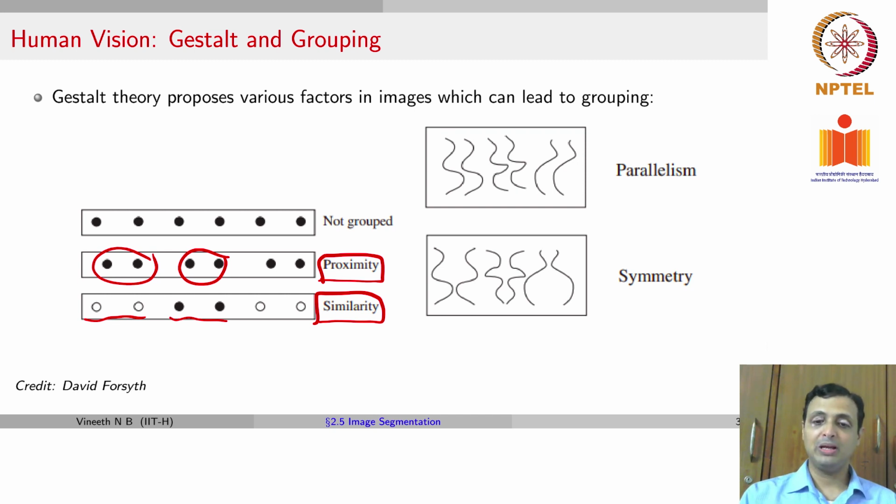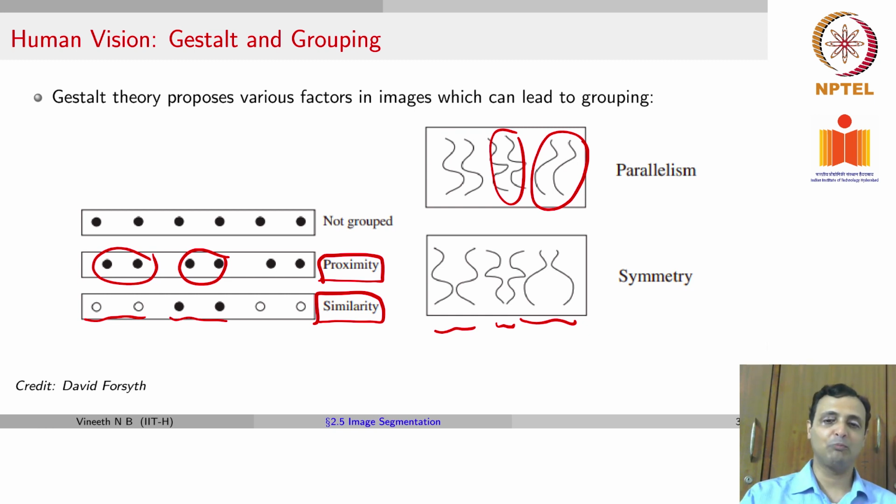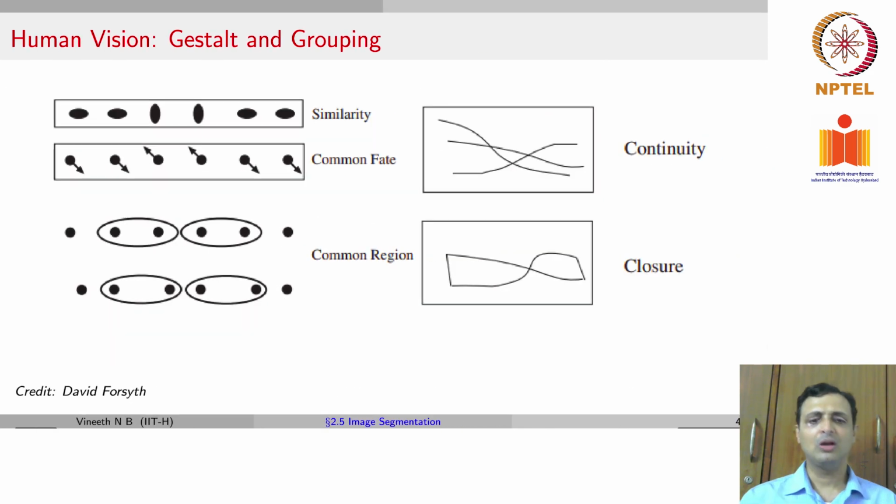Other factors could be parallelism. If there are groups of lines that have similar properties in terms of parallelism, we end up grouping them. Or another option could also be just symmetry. Just seeing artifacts in a symmetric sense makes us group them in one particular manner. Further, you could also have similarity of a different kind.